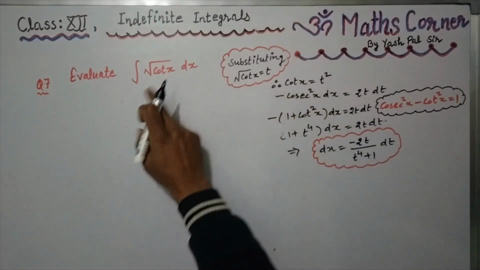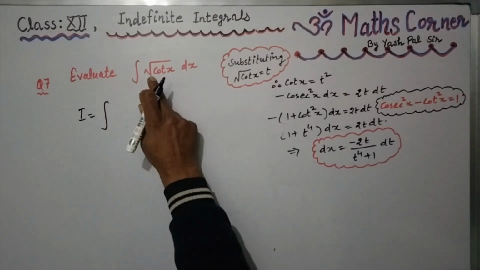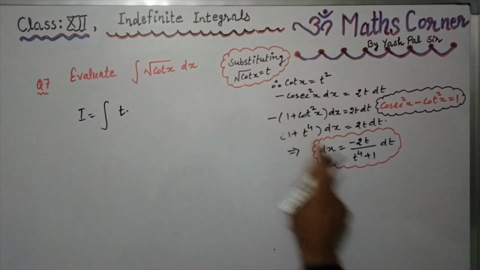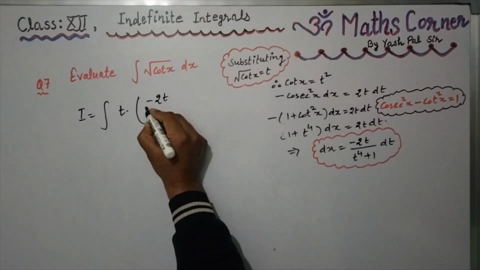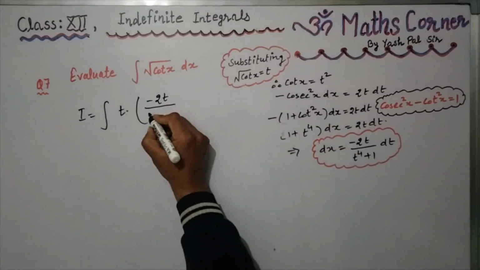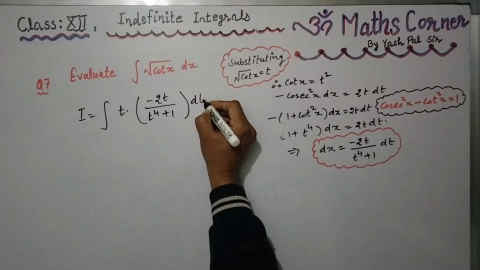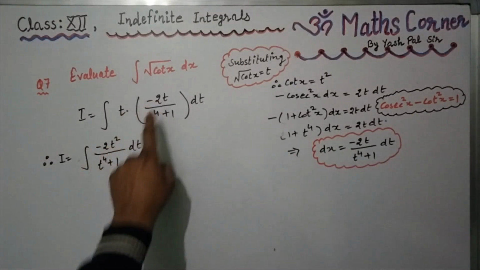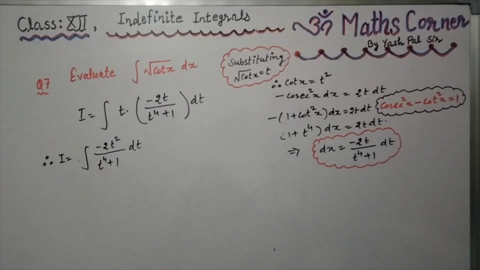So what is this? Substituting square root of cotangent x equal to t in the very beginning, cot x was t square. So in this question, I is equal to integration of square root cotangent x, which is t, into dx, whose value is minus 2t upon t raised to power 4 plus 1 into dt.